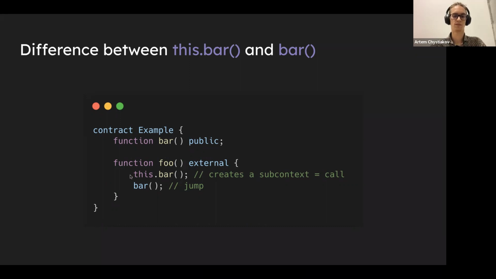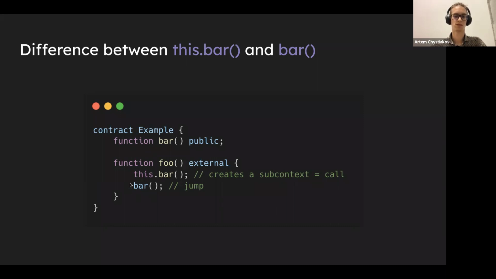The difference is if you're using the first one, this.bar, this creates a full subcontext. So this basically means that you're using opcode call to call this function. So the message sender inside the bar function will be the address of the example contract because it has called itself.